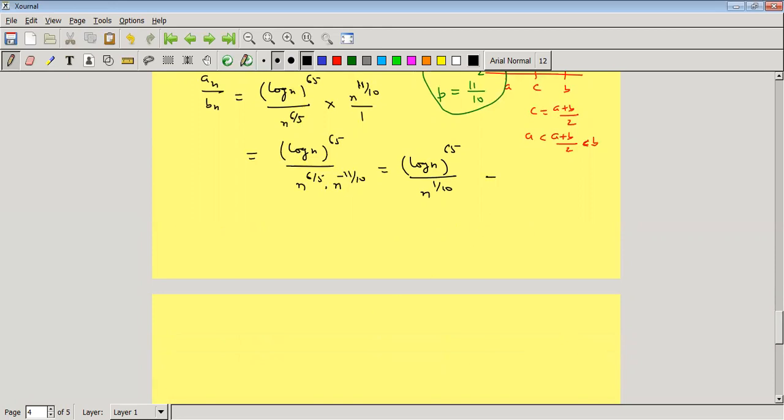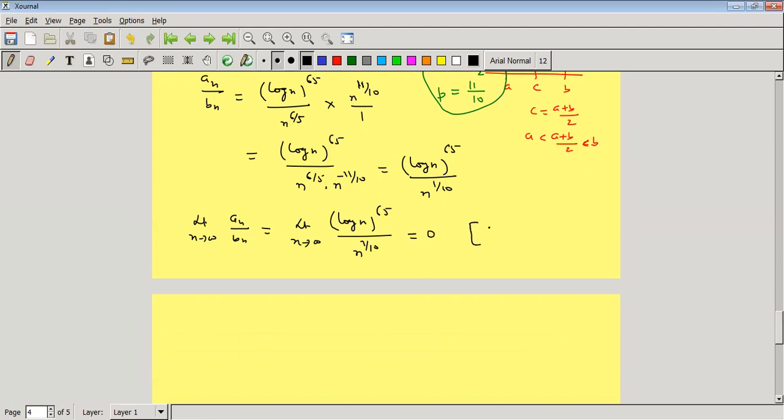And this is equal to, when we apply the limit as n goes to infinity of an/bn, the limit of (log n)^65 upon n^(1/10), that is equal to 0.